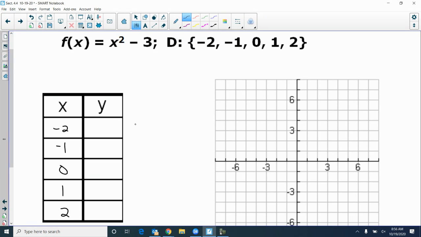When you plug in -2 squared, you must put the -2 in parentheses if you use your calculator. So go ahead and do that and see what you come up with. Since we square that piece, that's why we get the U shape. If you don't put it in parentheses, then you're going to end up graphing it and it's not going to be a U.